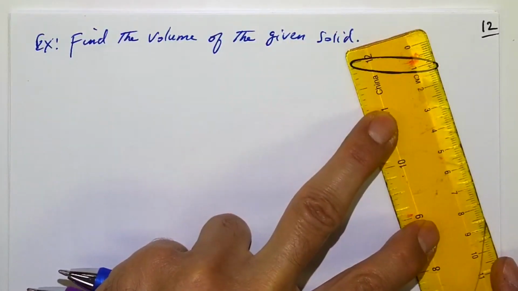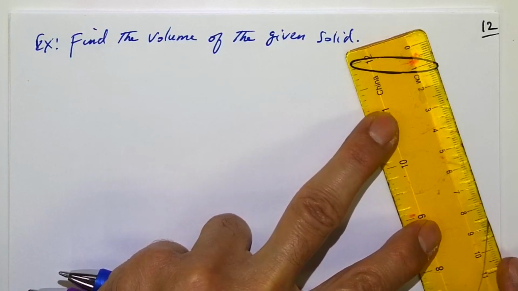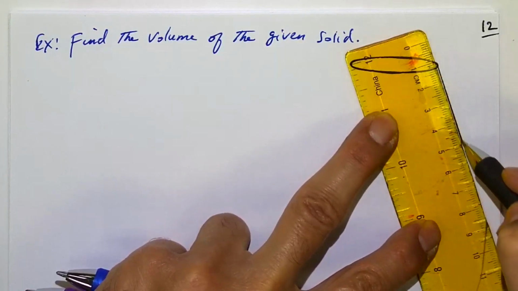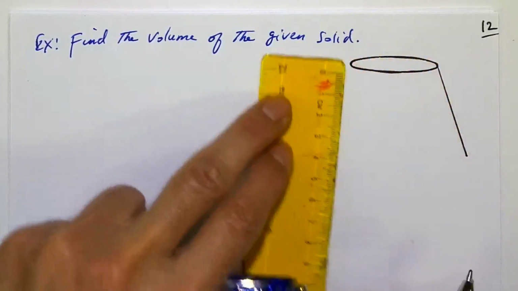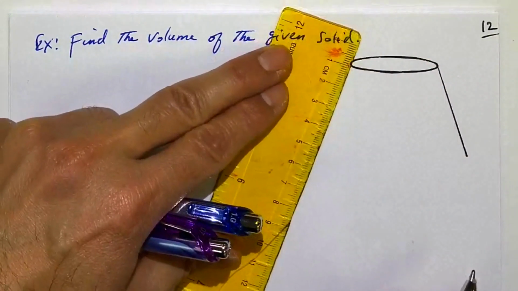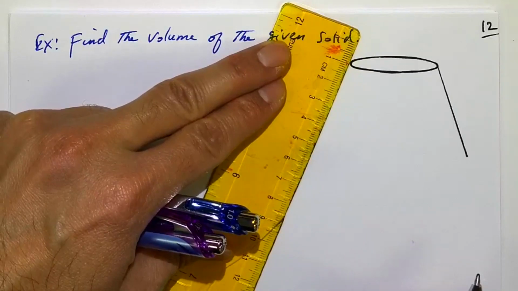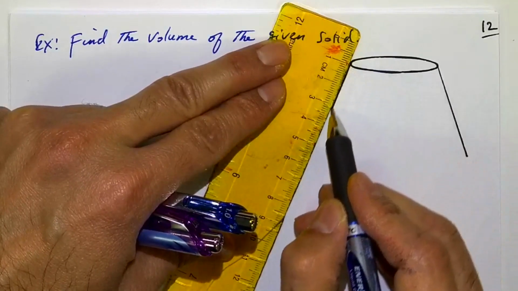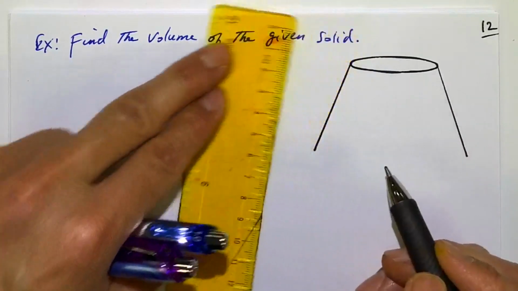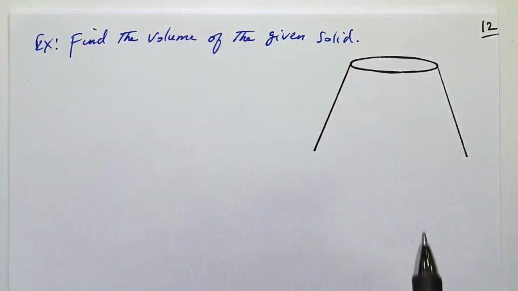So it goes something like this, and then one on this side that looks like that.